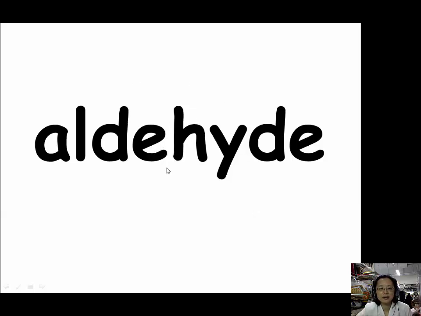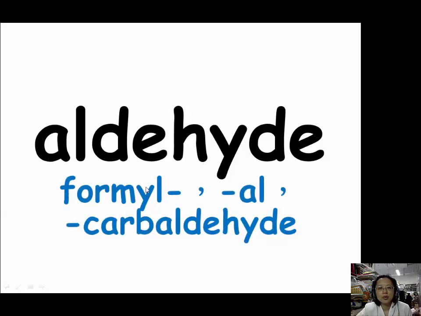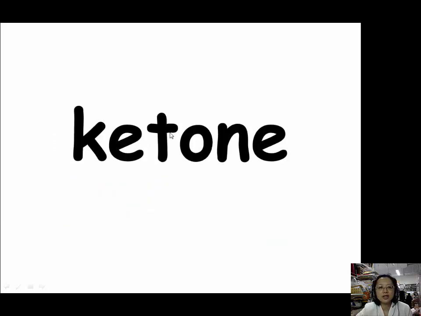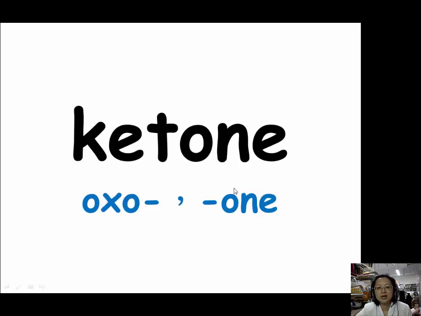For aldehyde, we can use one prefix, formyl, and the suffixes al and carbaldehyde. And for ketone, we have oxo, the prefix, and also the suffix one.